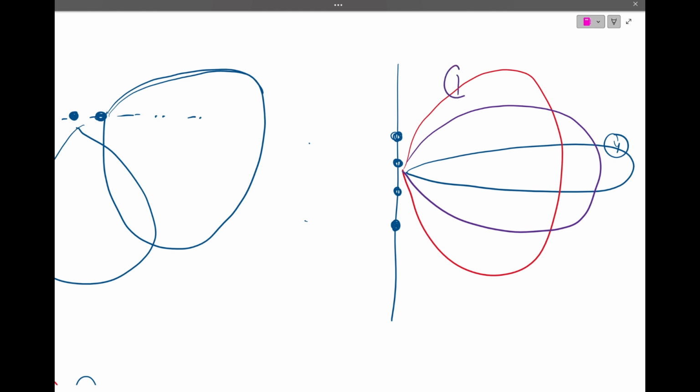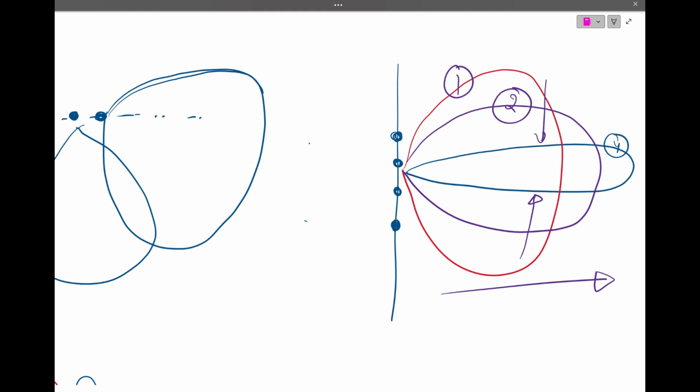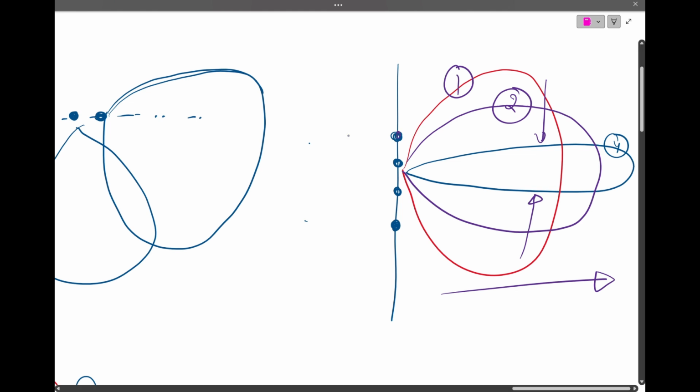So this is with 1, this is with 2, and this is with 4. So the more antenna elements we add, the more directional the beam will become, and the narrower it will be in the plane in which the antenna elements are placed.